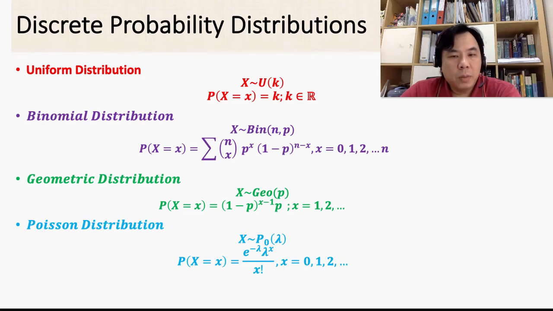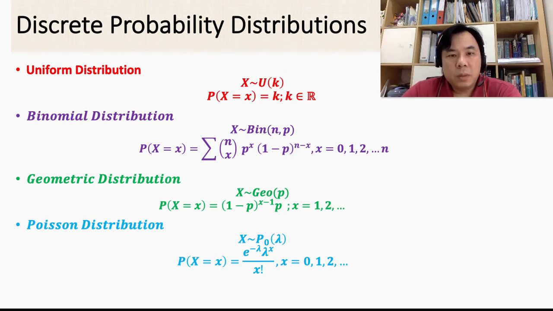So the lambda here represents the average value over a certain unit period. In this case, it could be a certain period of time, or a period of units other than time itself.